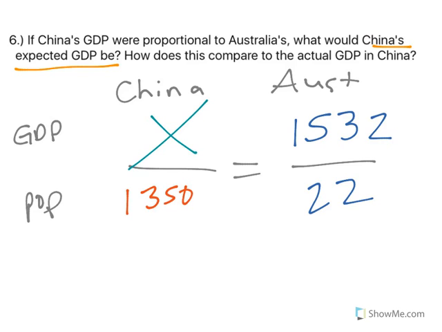Now, notice I don't have millions or billions anywhere in here because I'm staying consistent. My GDPs are all in billions, my populations are all in millions, so I'm golden.